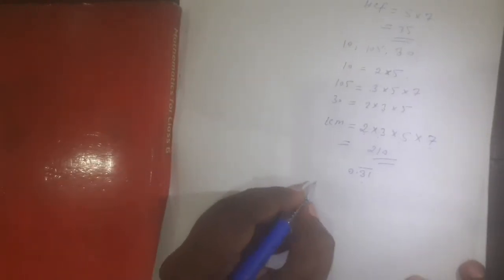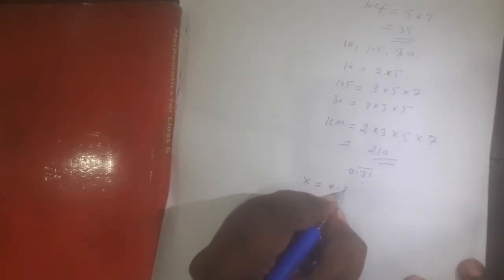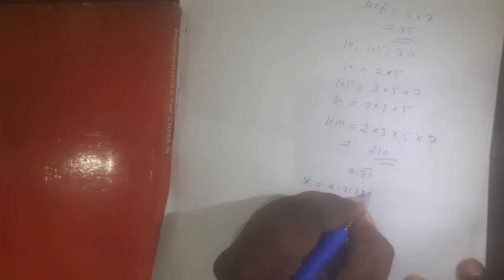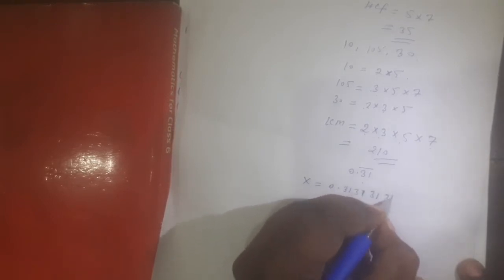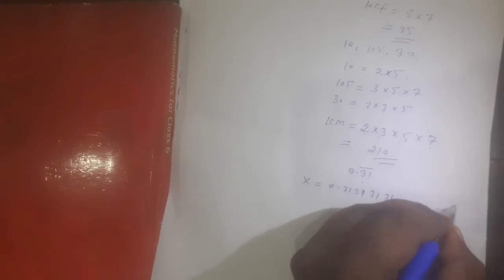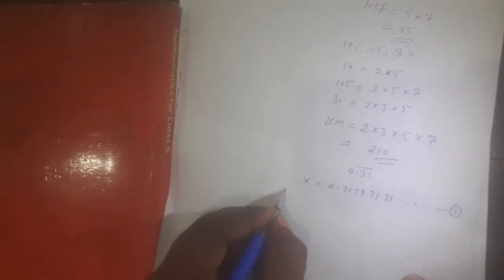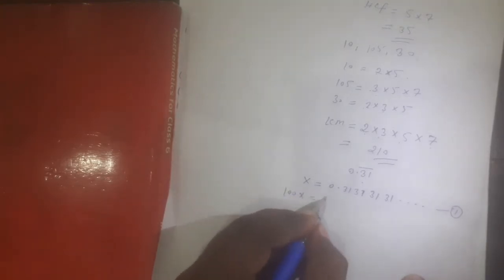We will take x equal to 0.3131 and so on. It is repeating, so we can write it as many times. This is equation first. Here 2 digits are repeating, so we will multiply by 100. So it will be 100x equal to 31.3131, and this is equation second.